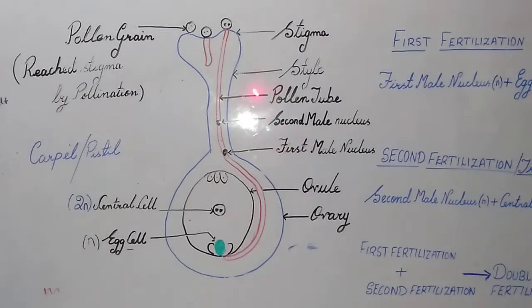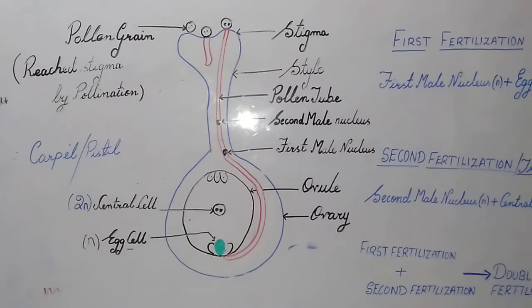Then we have this long cylindrical structure known as style. And then we have the swollen structure at the base, known as ovary.